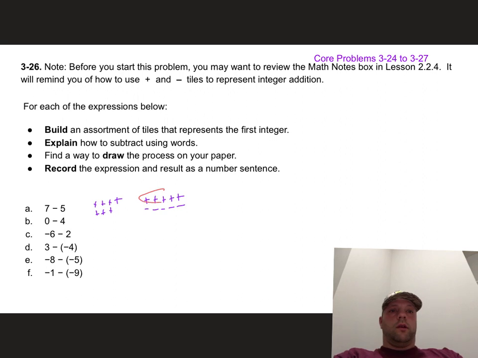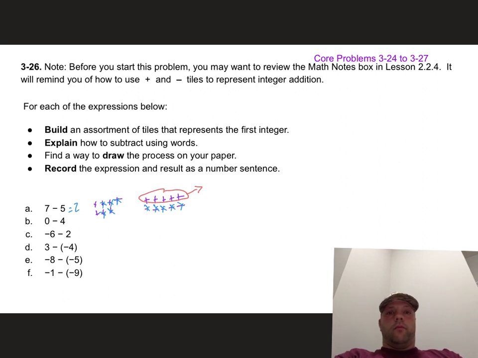And here are my positives. Remove them, so then I end up with 5 negatives. I'm just going to cross these off, and obviously if I had integer tiles, I could just remove them. That's going to leave me with an answer of 2.